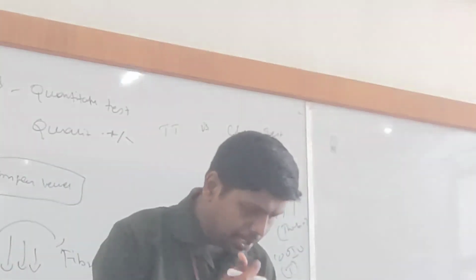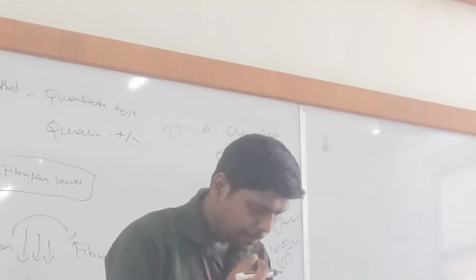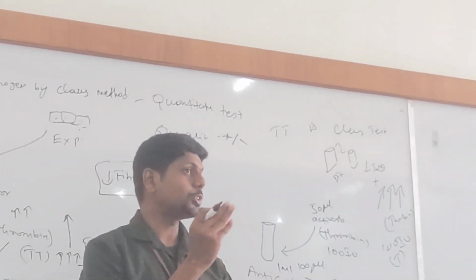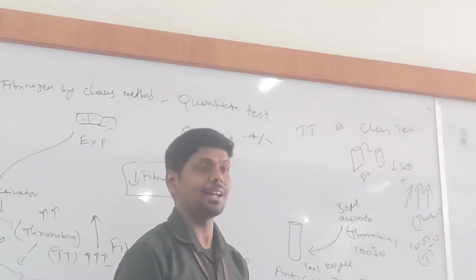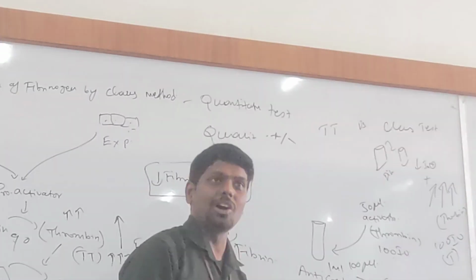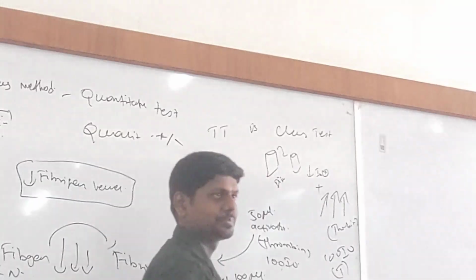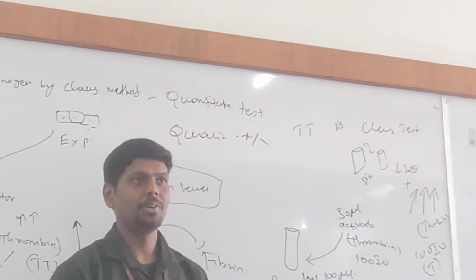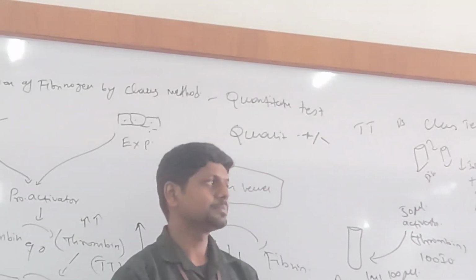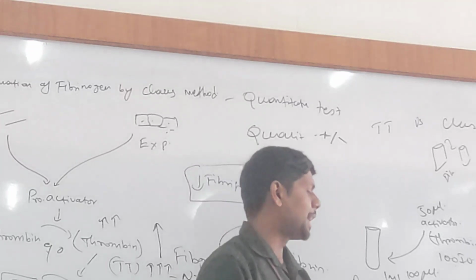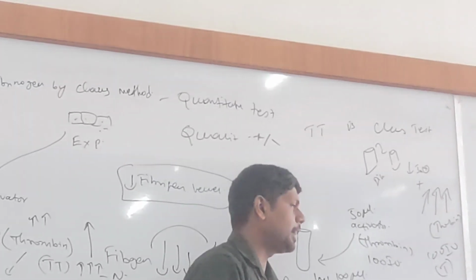Even I was a little bit confused here. Yeah, very good question. Previously I was confused how they are reduced. In anticoagulant therapy, the TT value will reduce. You understood why, right? In heparin therapy, the Claus test or thrombin time will be reduced.